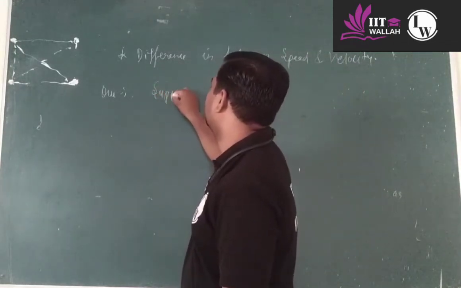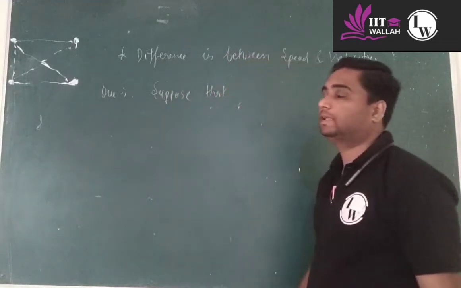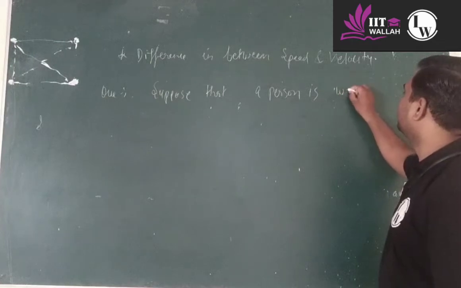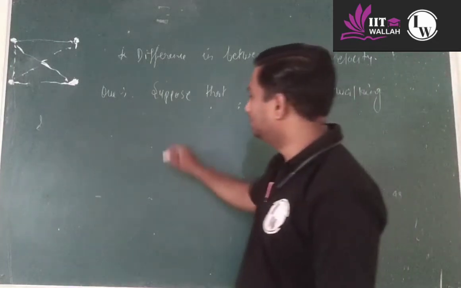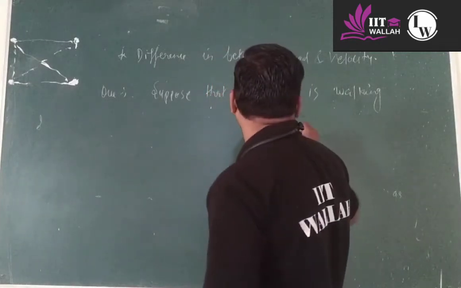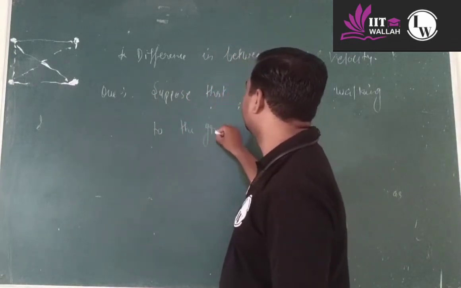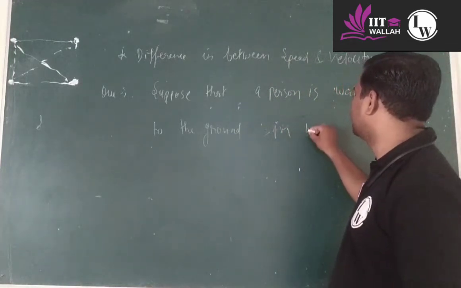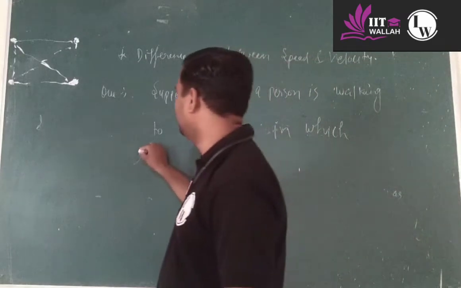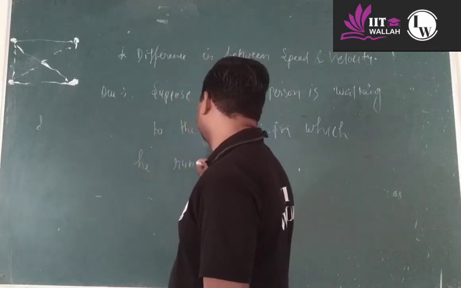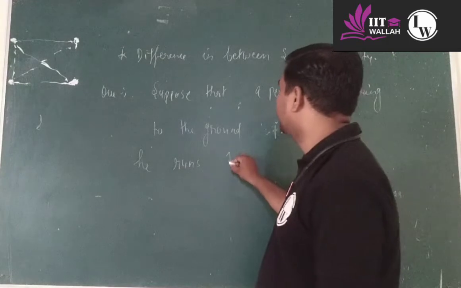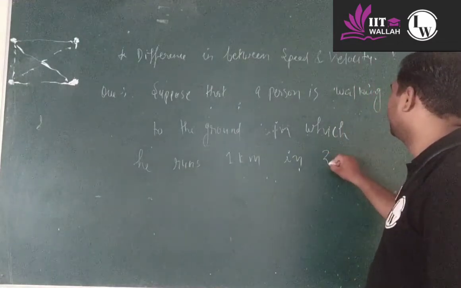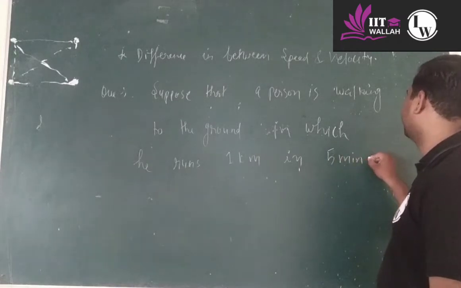Suppose that a person is walking on the ground, in which he runs 1 kilometer in 5 minutes.